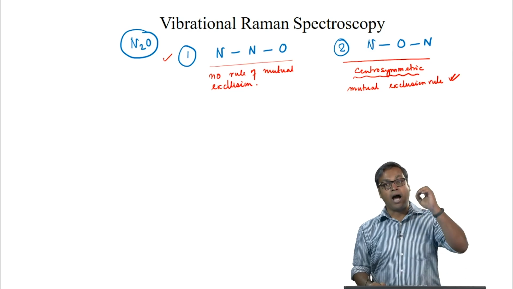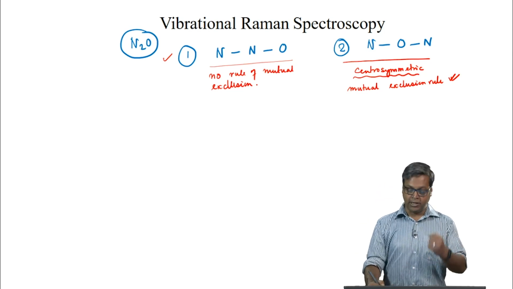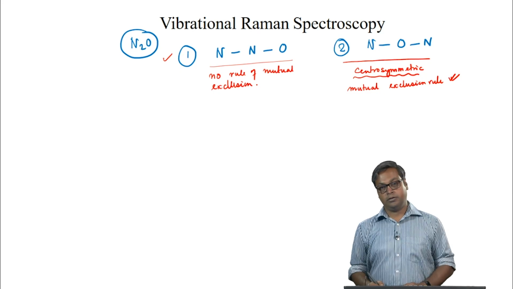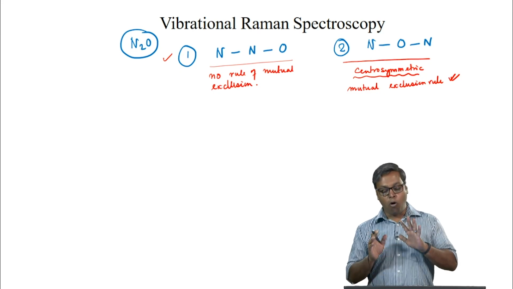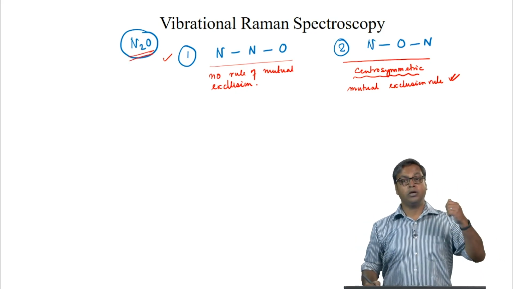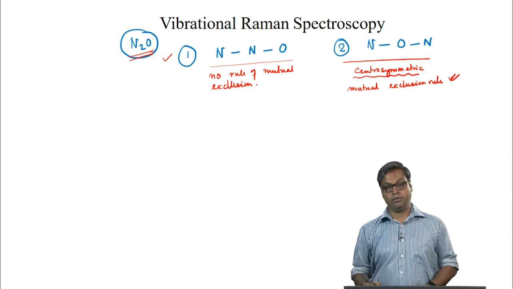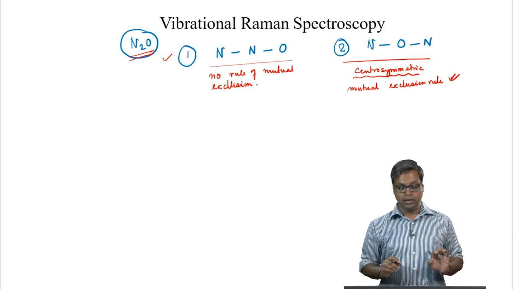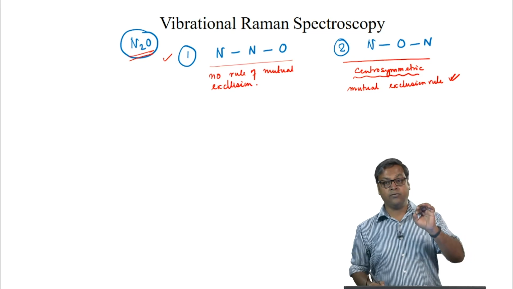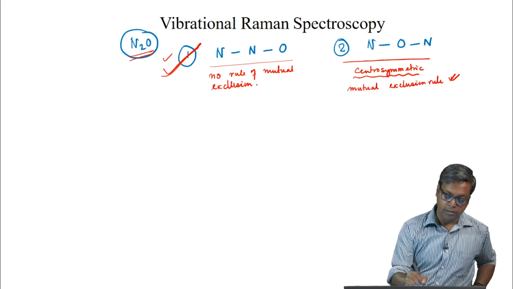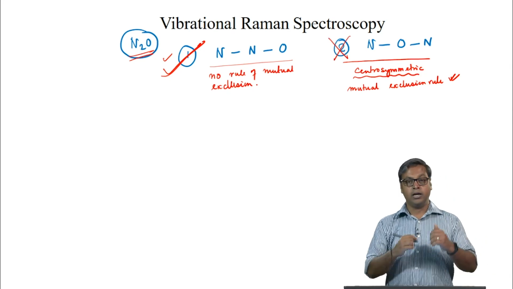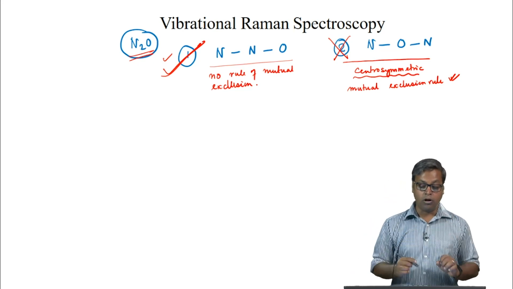In other words, the IR active vibrations will be Raman inactive and the Raman active vibrations will be IR inactive. From experiment, it has been found that all the vibrational modes of N2O are both IR and Raman active. So, this result, along with the rule of mutual exclusion, tells us that the structure of N2O is 1, that is NNO, and not 2, that is NON. In other words, N2O is not centrosymmetric.